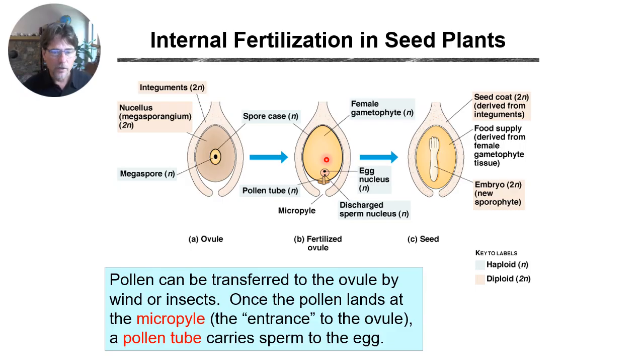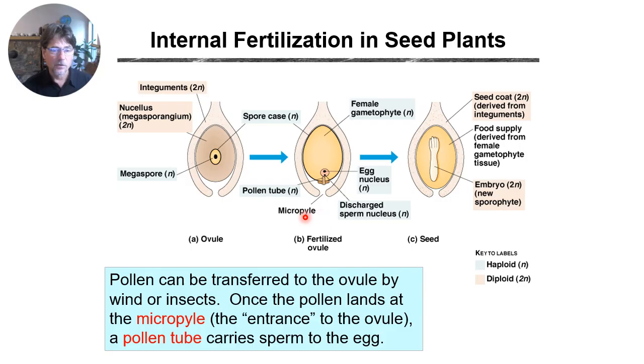Recall that in order for that egg to develop into a new plant through sexual reproduction, pollen has to be delivered, and that occurs from the pollen grain. There's an entrance to the inner part of the ovule, known as the micropyle.